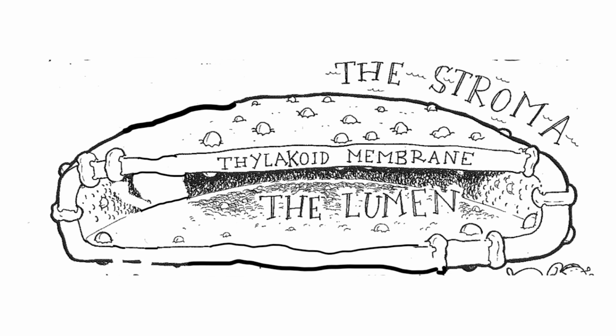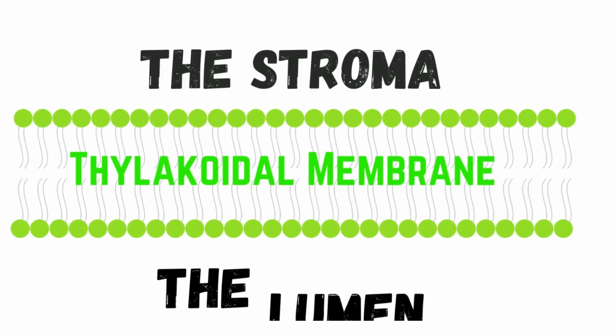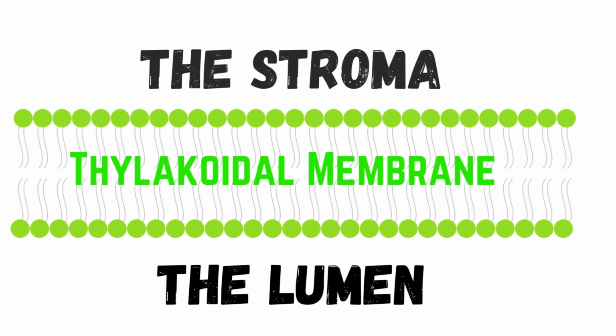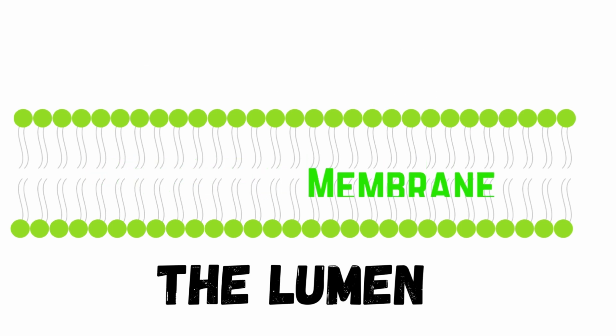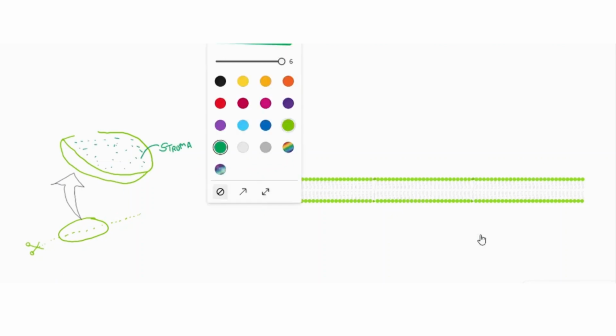The stroma, which is outside the thylakoidal membrane, and inside the thylakoidal membrane, there is the lumen. So this is what a thylakoid looks like when we cut that into two halves. We took a chloroplast, cut it into two halves, and see the content inside it.